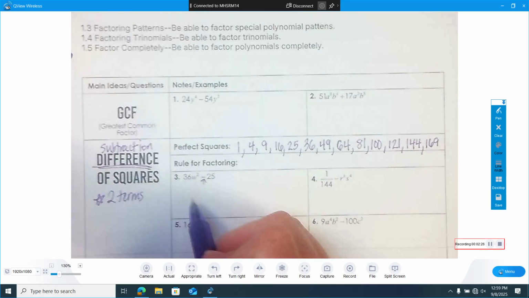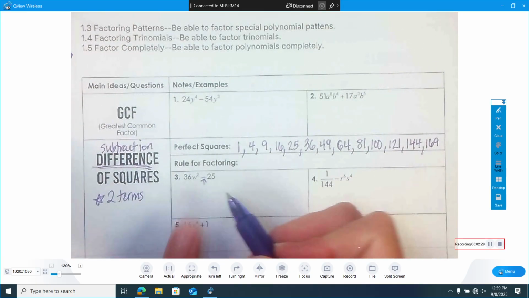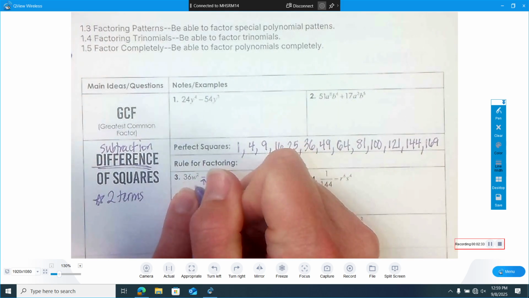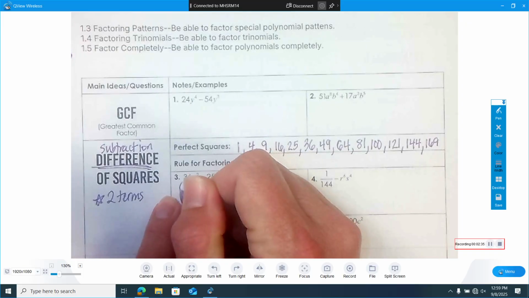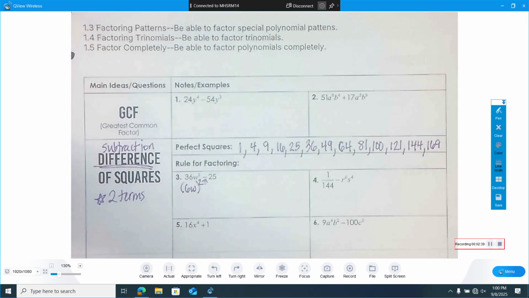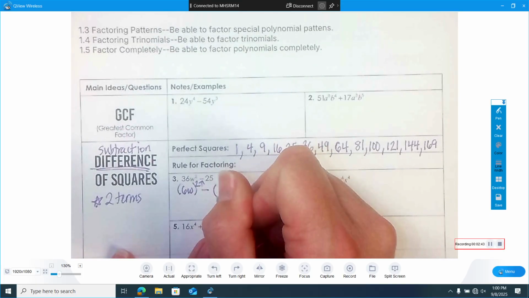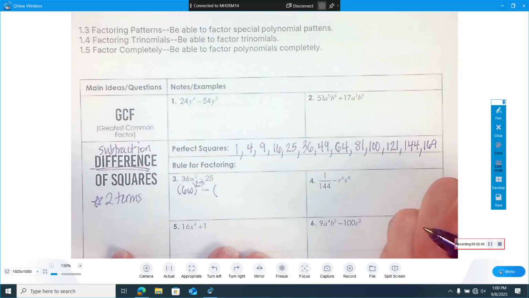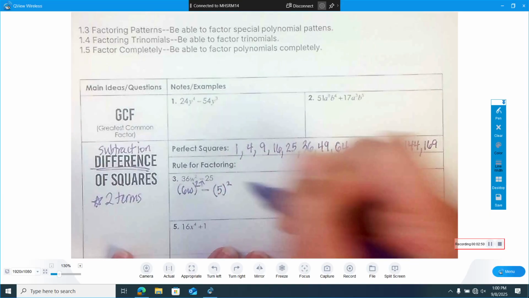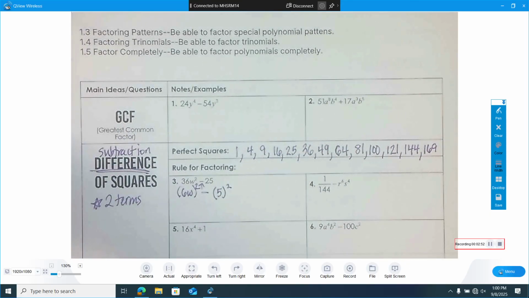And when I look at this, we have perfect squares. When I see 36w squared, that's really 6w times itself, 6w times 6w. I have a subtraction sign. 25 is 5 times 5. It is 5 being squared. It is a perfect square.